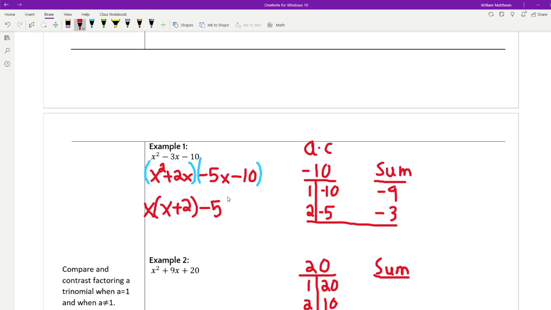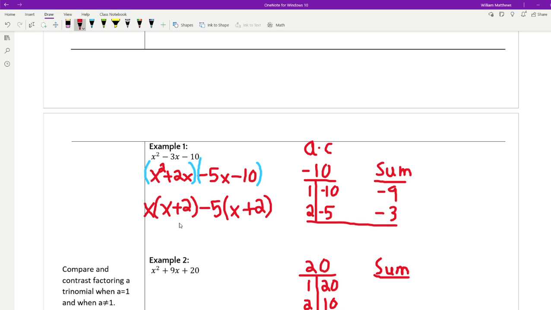When I do this, -5x divided by -5 leaves me the +x, and -10 divided by -5 gives me a positive 2. To clarify, in my first parentheses my x was a positive x, so I wanted to make sure my other parentheses also had the positive x, which meant I had to factor out a negative.